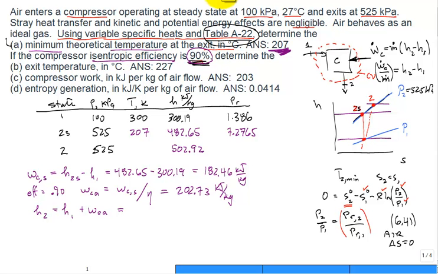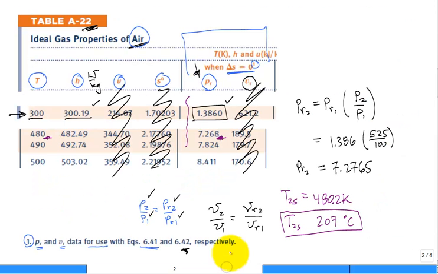So now we know that enthalpy is 502.92. We look back in our table to find where our H is around 502.92. It's very close to 503.02.